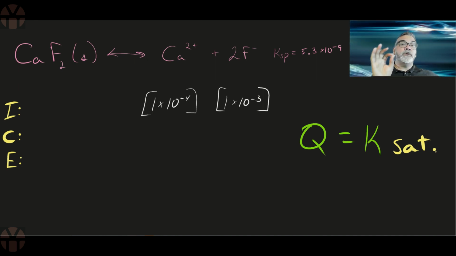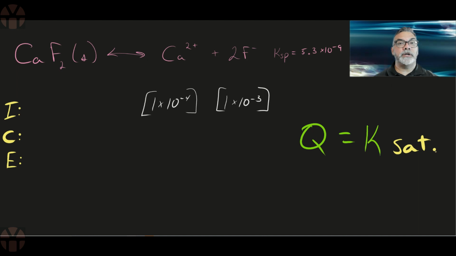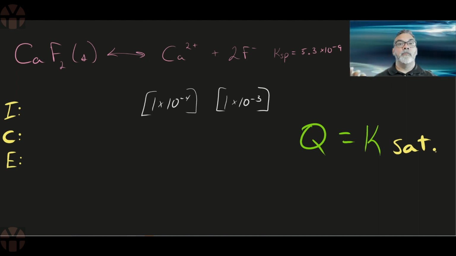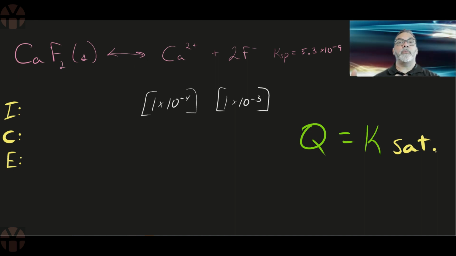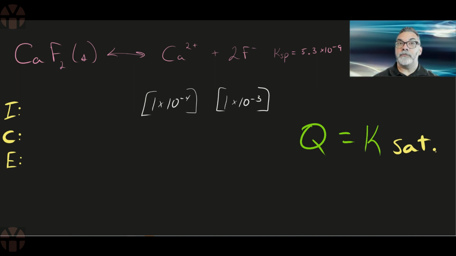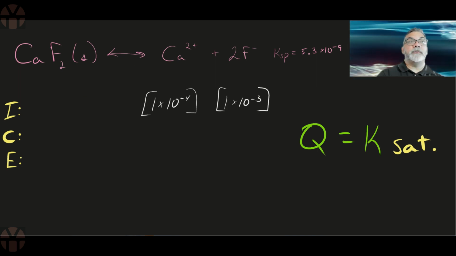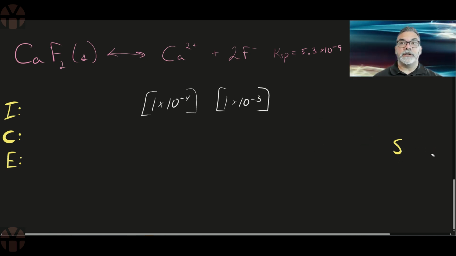So when Q is equal to K, the solution is saturated, but as long as you don't put a single ion more in, we are not going to see a precipitate form. If you add more of the ions, then yes, from that point forward, everything starts to fall out as a precipitate. So, keeping this in mind, let's now take a look at what happens in this particular scenario.